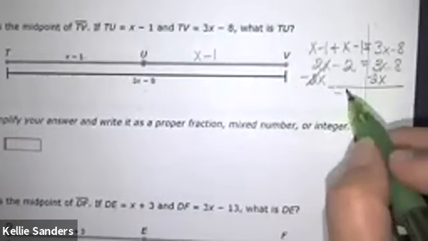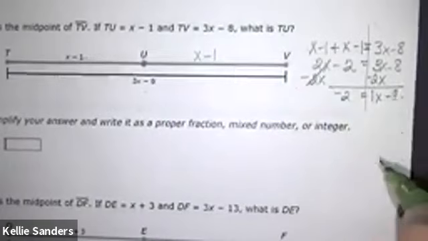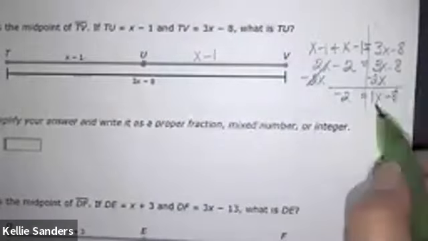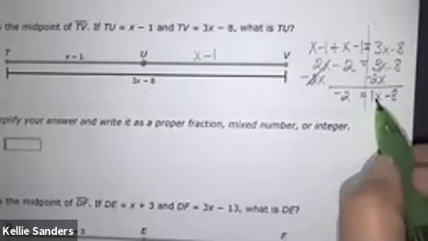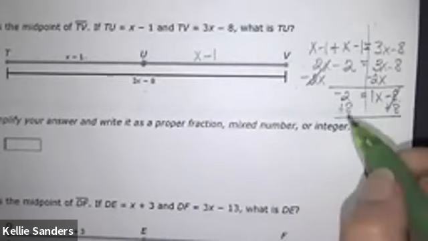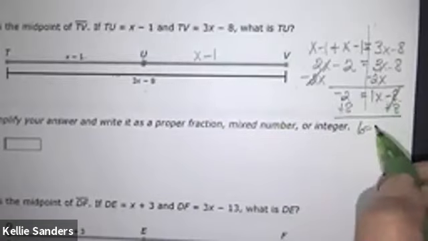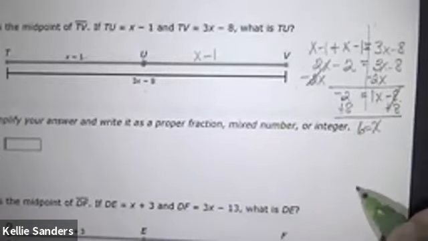I didn't do anything with this 2 yet, so it's still negative. 3 minus 2 is 1, and I didn't do anything with the 8, so the sign comes down with it, so negative 8. Since this is the only thing that has an x with it, I want it by itself, so we're going to move this 8 over here. It's negative, so when we move it, we make it opposite. Negative 2 plus 8 is 6, and 1x is the same thing as x.